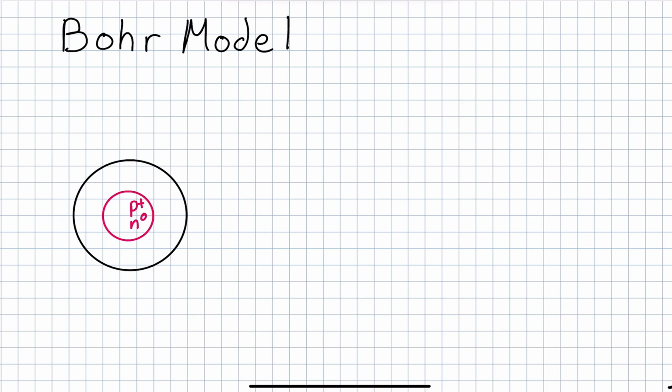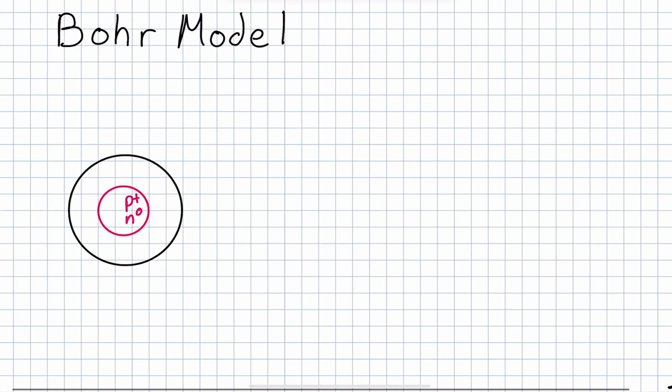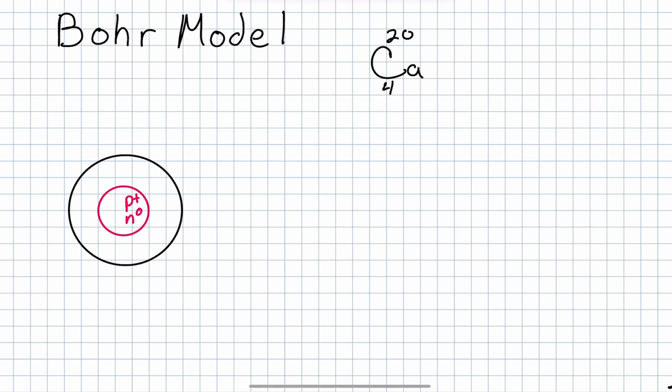We're going to do a Bohr model for calcium. And so when we look at calcium, calcium has an atomic number of 20 and a relative mass of 40.0.